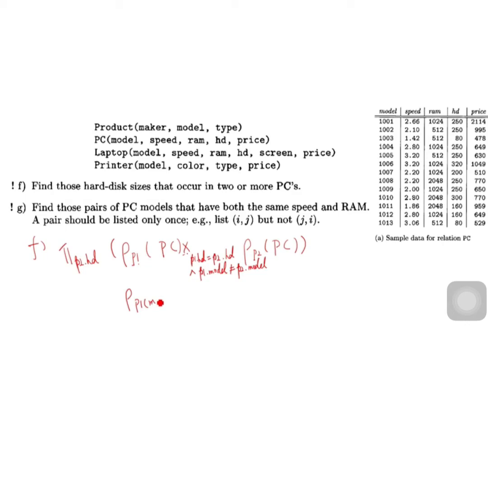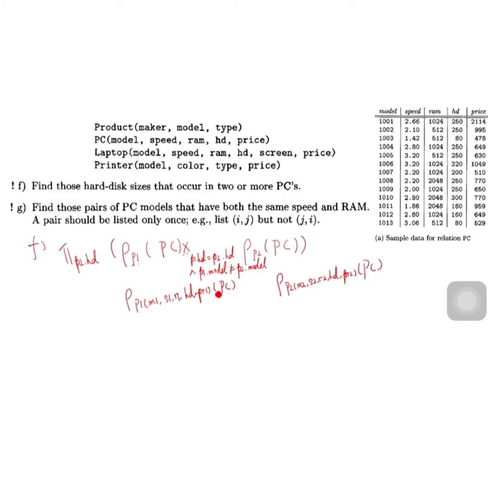For example, let's rename the attributes of PC as M1, S1, R1, HD still be HD, price 1, the PC. And rename the PC as M2, S2, R2, HD, PR2.